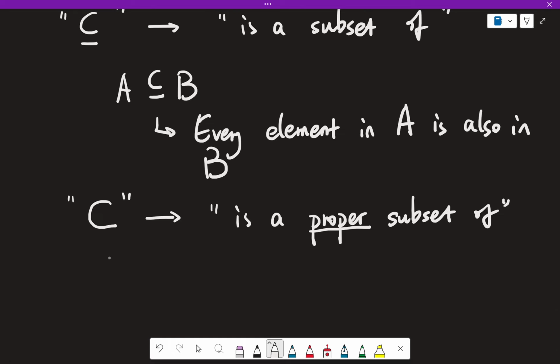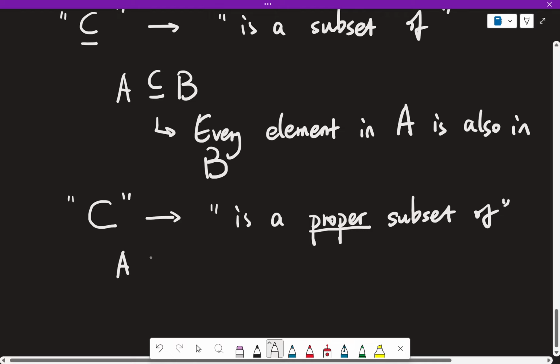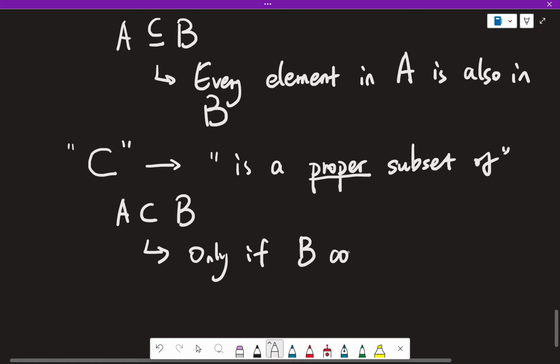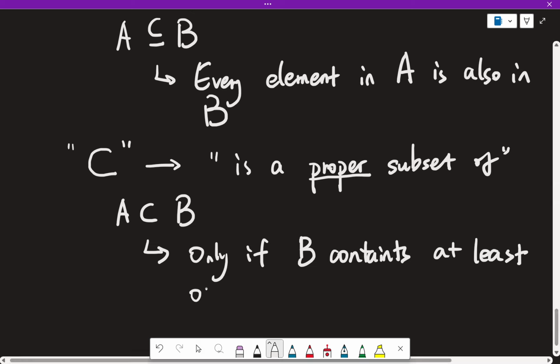So I can say A is a proper subset of B only if, and this is the mathematical definition, B contains at least one element that is not in A.